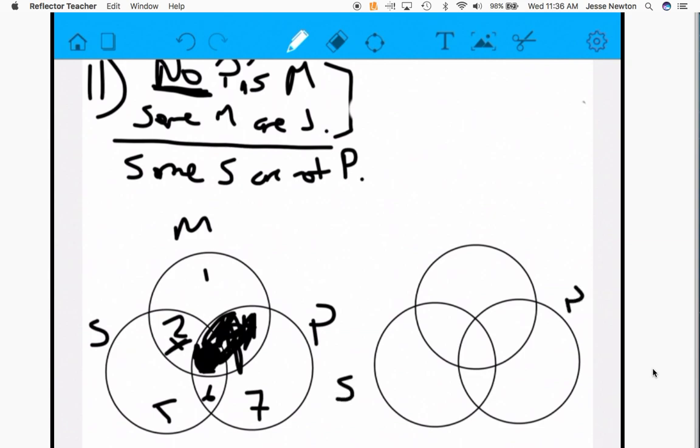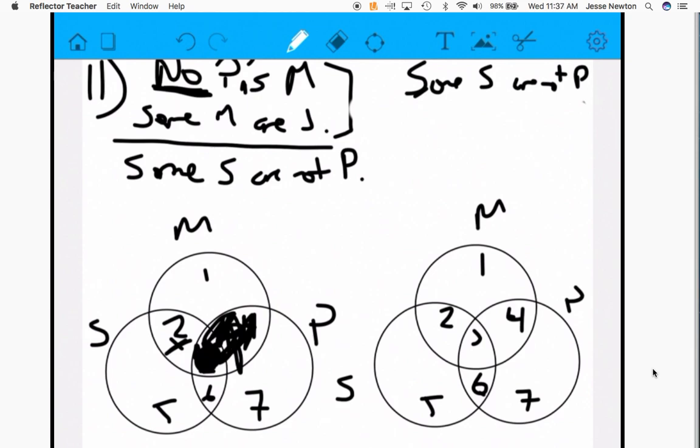S, P, M, 1, 2, 3, 4, 5, 6, 7. And let's see, some S are not P. S is 2, 3, 5, and 6.